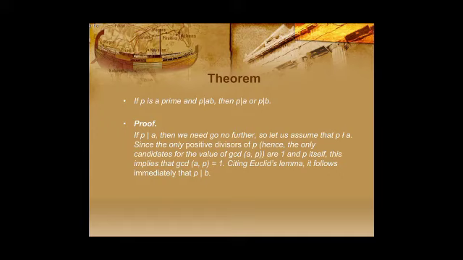The proof is: if p divides a, then we don't need to go any further. So let's assume p does not divide a. Since the only positive divisors of p are 1 and p itself, the only candidates for the value of GCD(a,p) are 1 and p. This means that GCD(a,p) equals 1. By Euclid's lemma, p divides b.